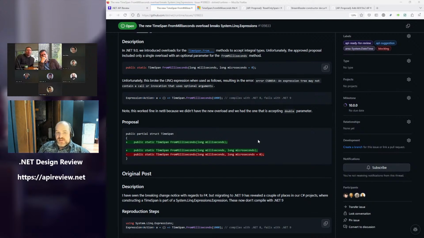If this was a completely new method group, I think we would not change this right now. It's a weird situation, right? Because we had the double and long overload before, and then we added the default parameters. It's not every day we're adding overloads like that. Right. Well, I think we just had the double.